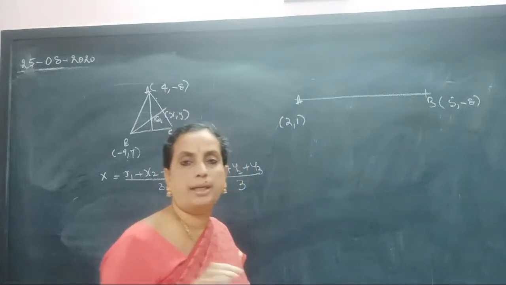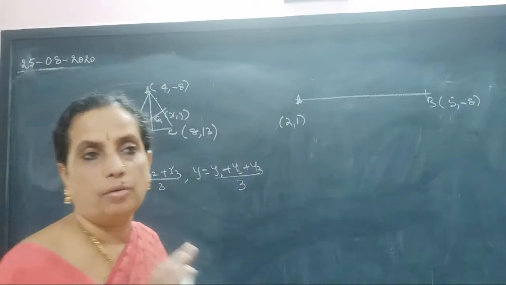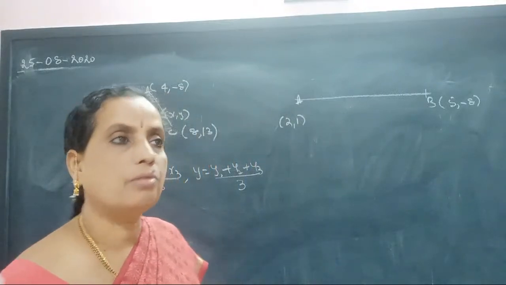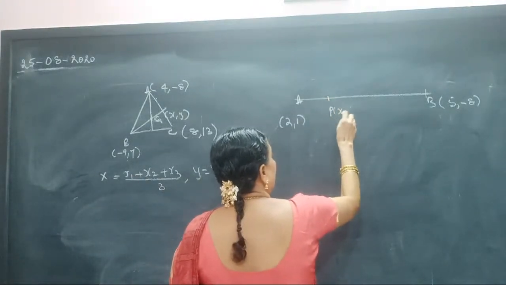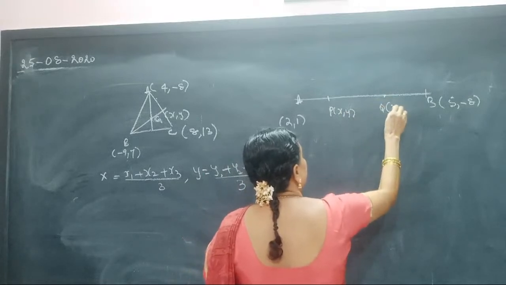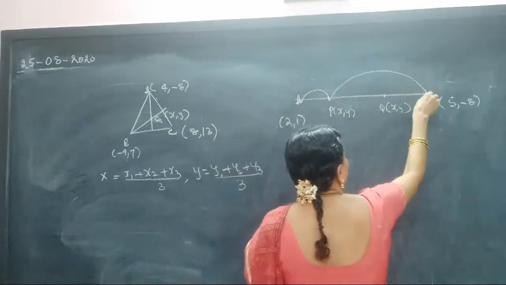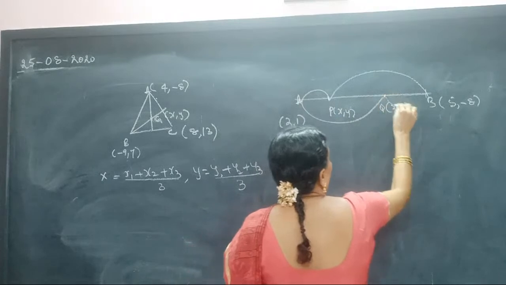Last class I did 4 equal parts with 3 different conditions: 1:3, 1:1, 3:1. So now see, when it is trisected, you have 2 different conditions, that is 1:2, then 2:1.